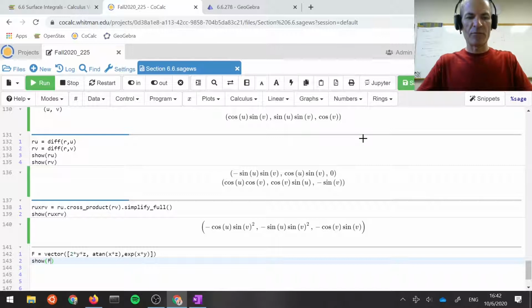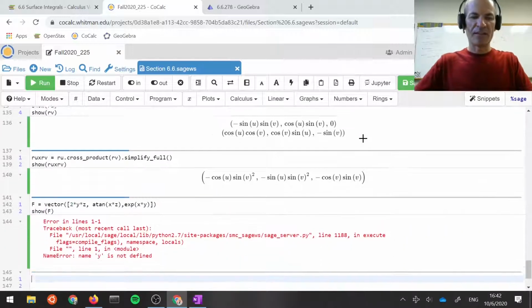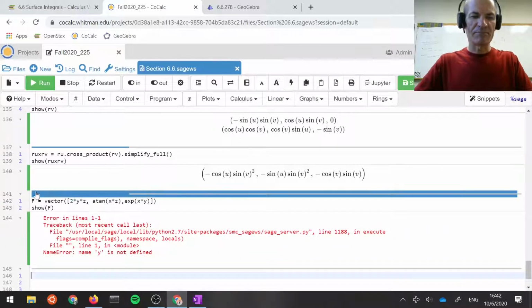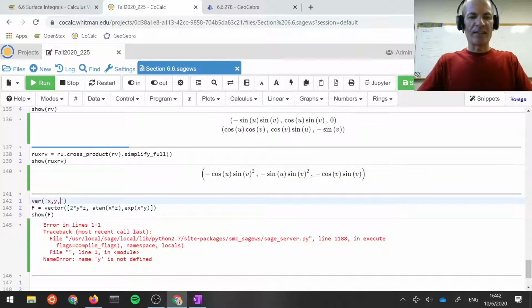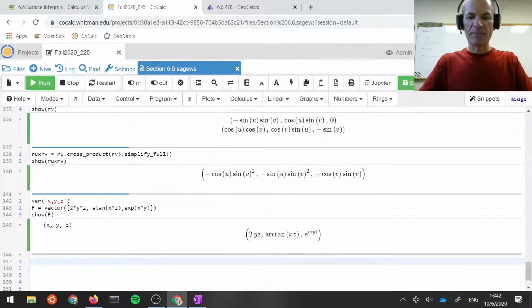And let's show F just to make sure that we've got things correct. Oh, the x, y, z. I forgot to define x, y, and z. Var x, y, z. There we go.